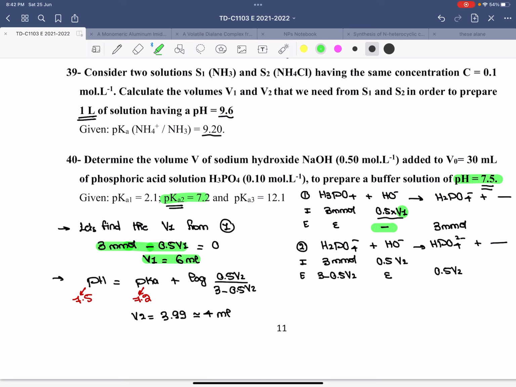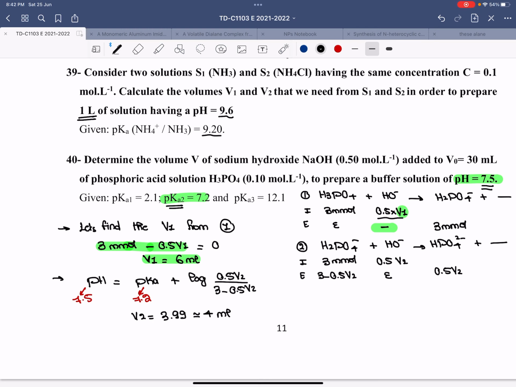Good. You go into your second half, which is the second reaction. From the pH, you know that you are in the predominance domain of the second reaction. So the second reaction is not completely consumed. You need to have a remaining value of H2PO4 minus. You call the second volume of HO minus V2.